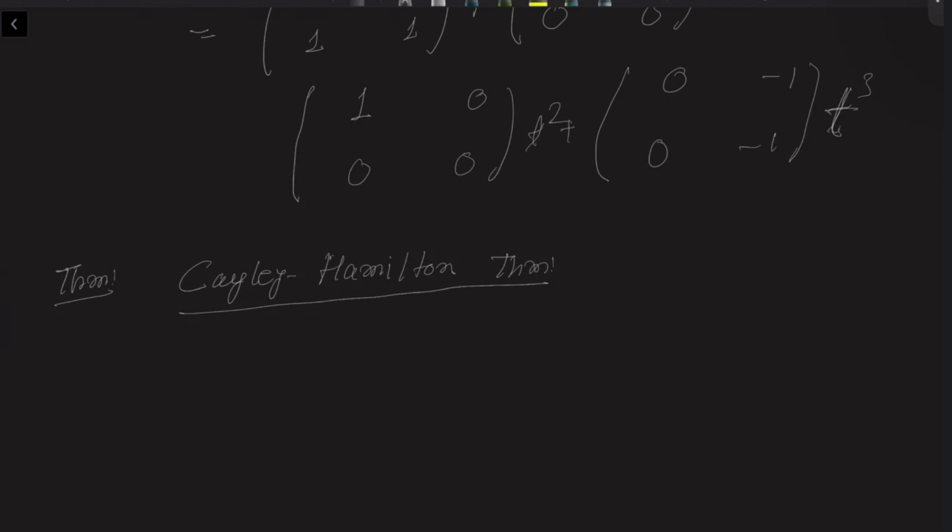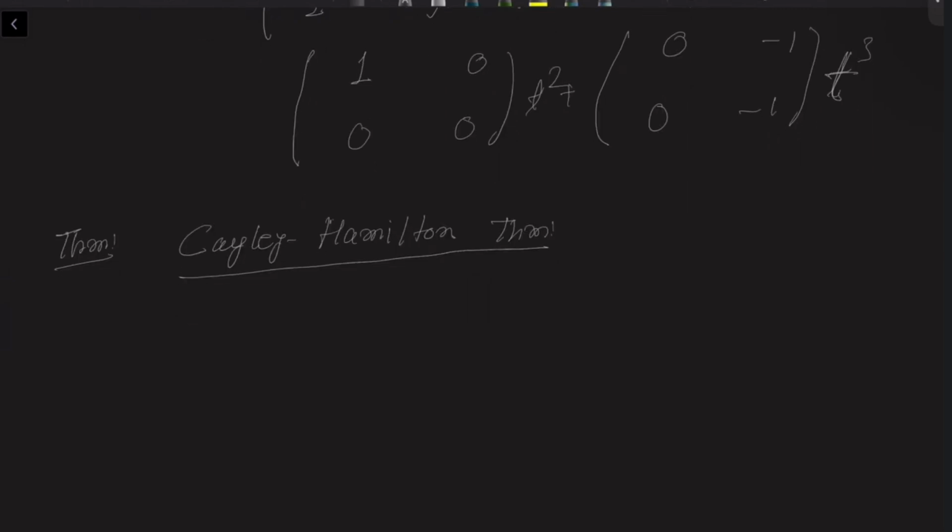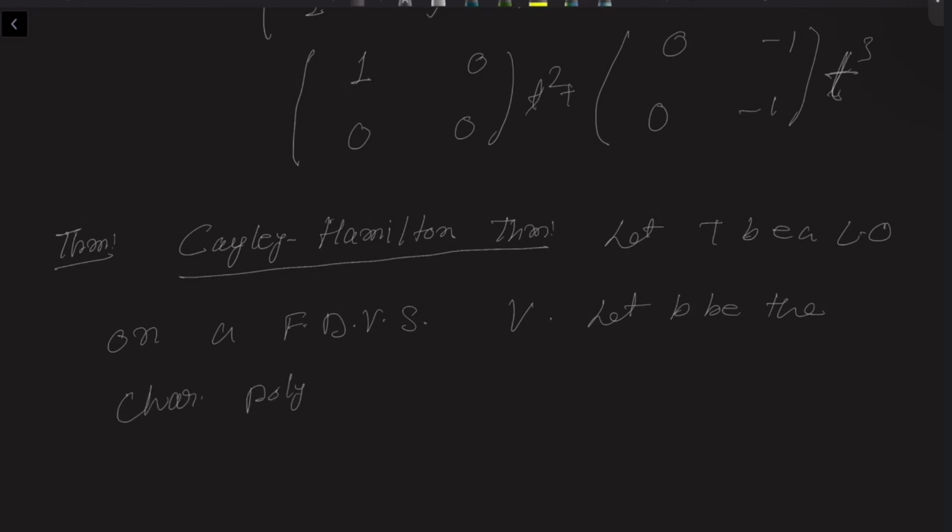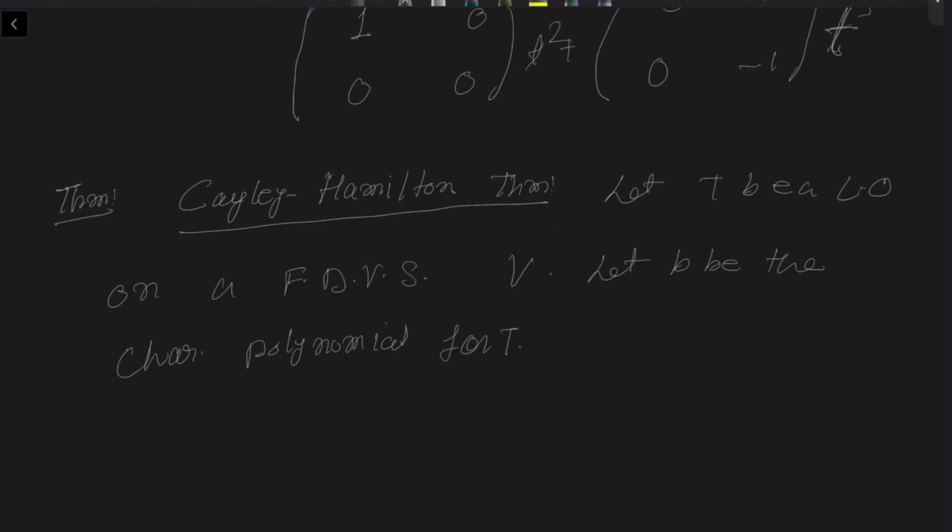But let us just see it in terms of linear operators, because as we know, every matrix corresponds to a linear operator or a linear transformation on a finite dimensional vector space V, and let P be the characteristic polynomial for T. Now, if P is the characteristic polynomial, then what is P of T?